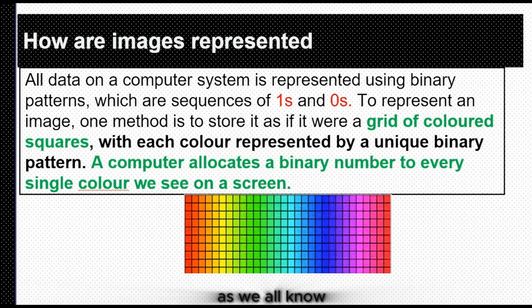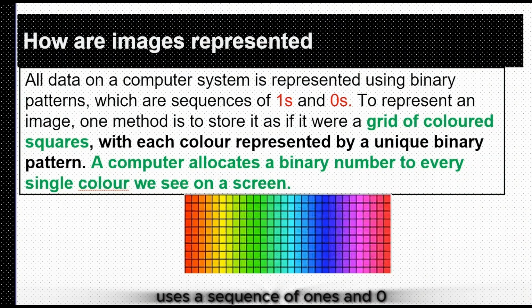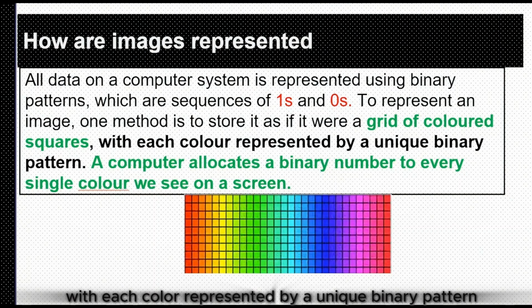As we all know, everything which is being represented on a computer uses a sequence of ones and zeros. For example, text, video, images, etc. To represent an image, one method is to store it as if it were a grid of colored squares, with each color represented by a unique binary pattern.